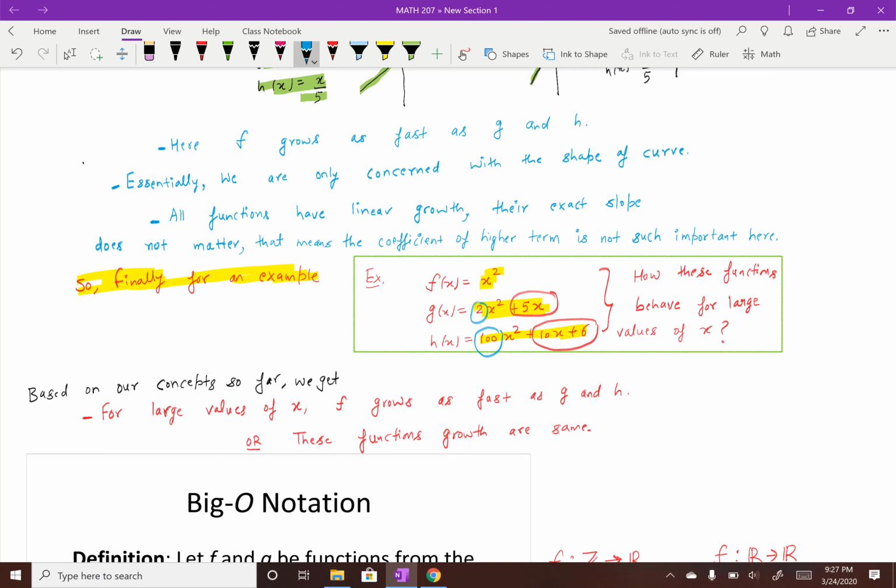So I can conclude that for a large value of x, this function f grows as fast as the other two functions g and h, and the growth of all these three functions is the same, even though the expression is different for all three of them.